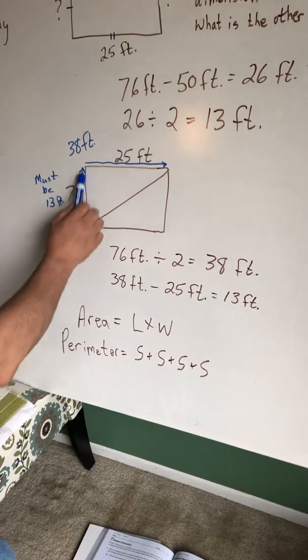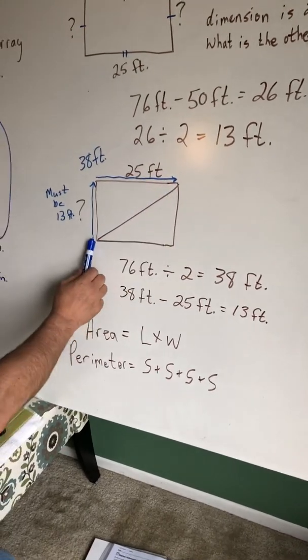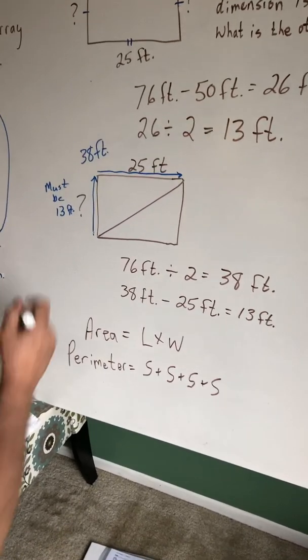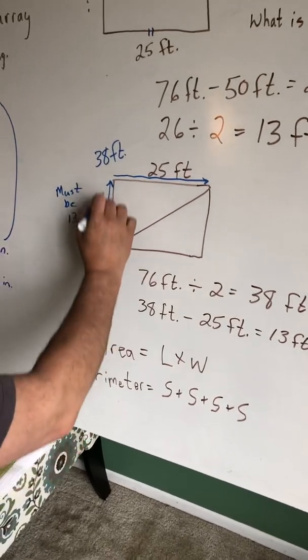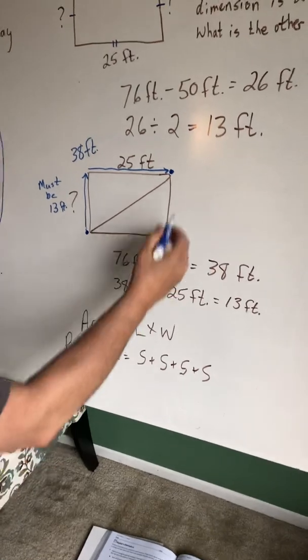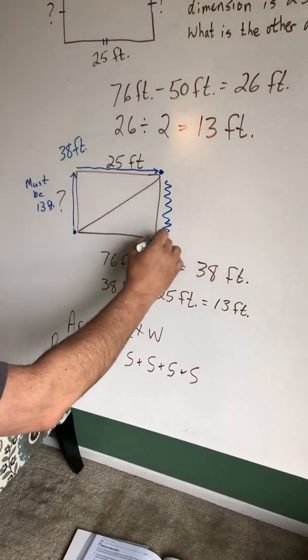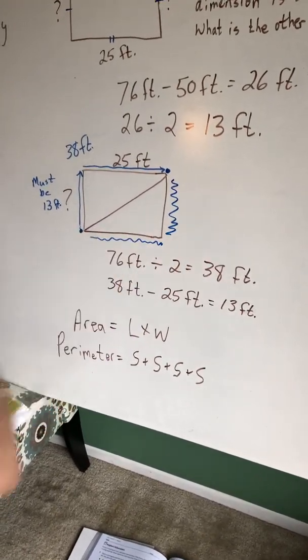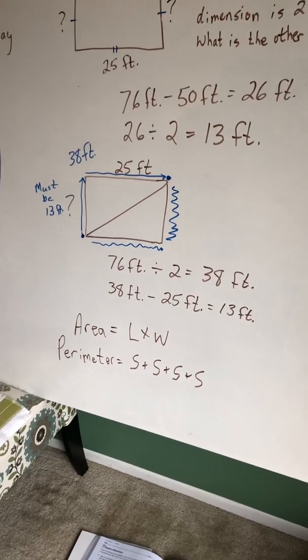Well, here's half of the perimeter from this point all the way to this point is half the perimeter, because this plus this would be the whole perimeter once we add it all together.